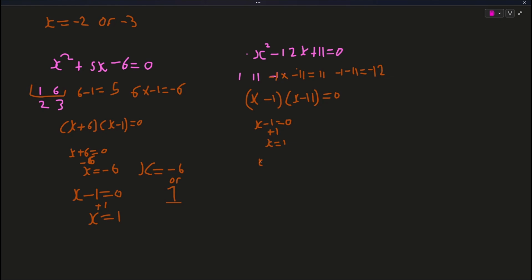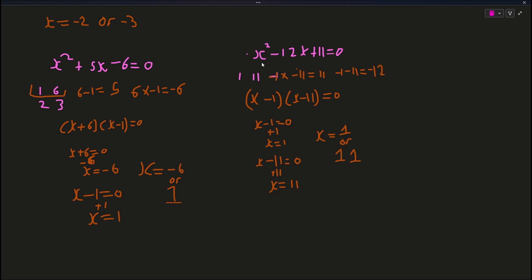And x minus 11 is equal to 0. Add 11 both sides, that gives us x is equal to 11. So x is equal to 1 or 11. I don't usually write it like this, so it's a bit tedious, but yeah, 1 or 11.